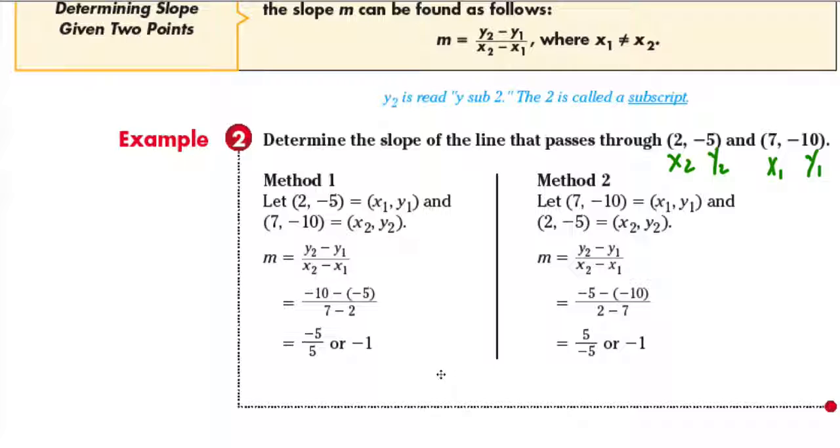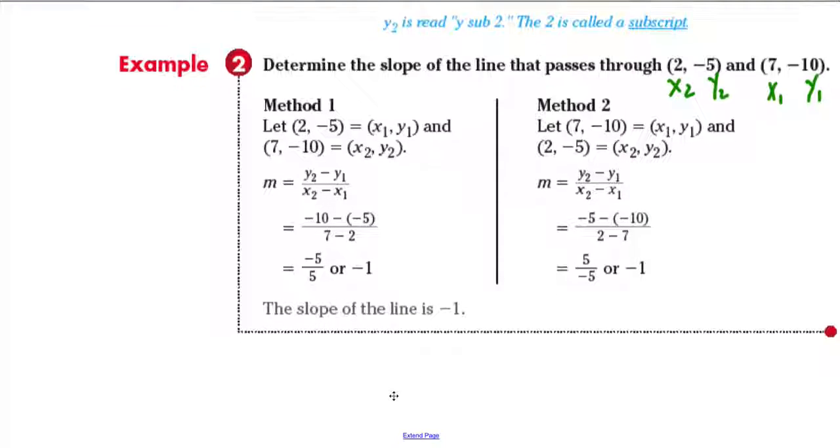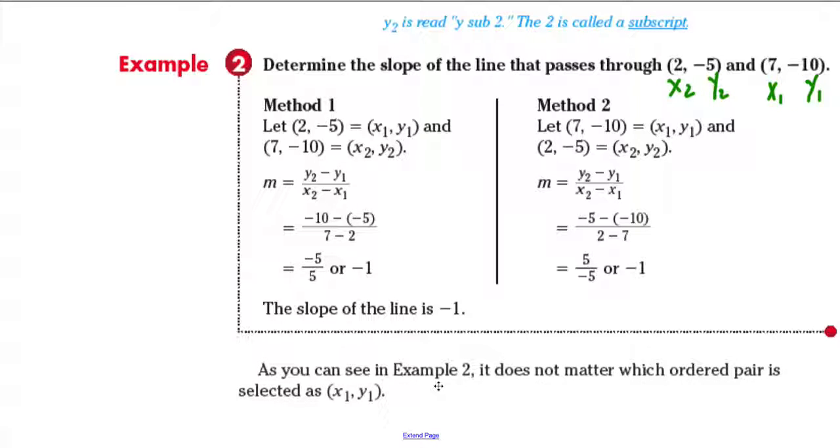So what do you notice in this one? Since the slope of the line is negative 1, as you can see, it does not matter which ordered pair is selected as x sub 1, y sub 1. So you can choose a point and label it x sub 1, y sub 1, and the other should be x sub 2, y sub 2. Okay? All right, let's take a look at example number 3.